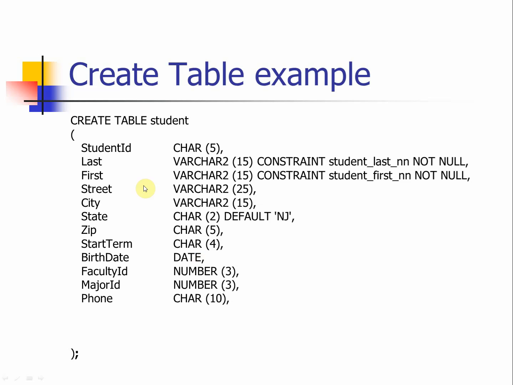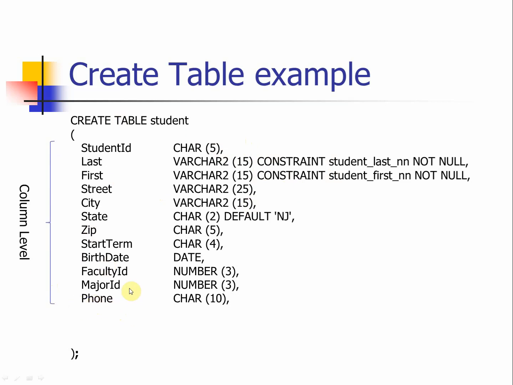So you can see that at this stage, we are able to create all the attributes that we want to develop for the student table. While we are doing those attribute definitions, we call this part of the code the column level definition. In this case, we would be able to add almost all constraints at the column level.